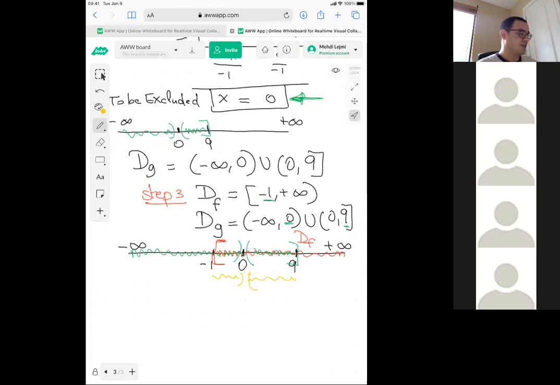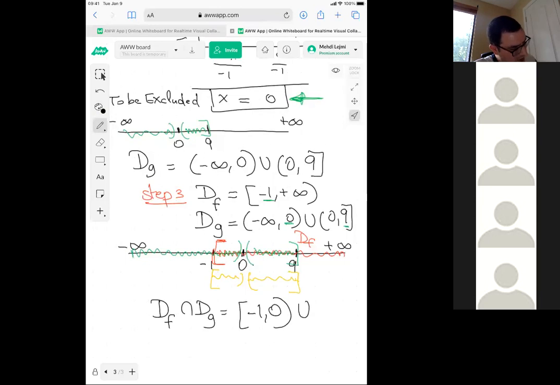So it's not common to f and g if it's not in the domain of G. -1 is included here, no problem. And the same for 9 here, it's also included, right? So the common domain in this case would be -1 included to 0 excluded, union 0 to 9 included.